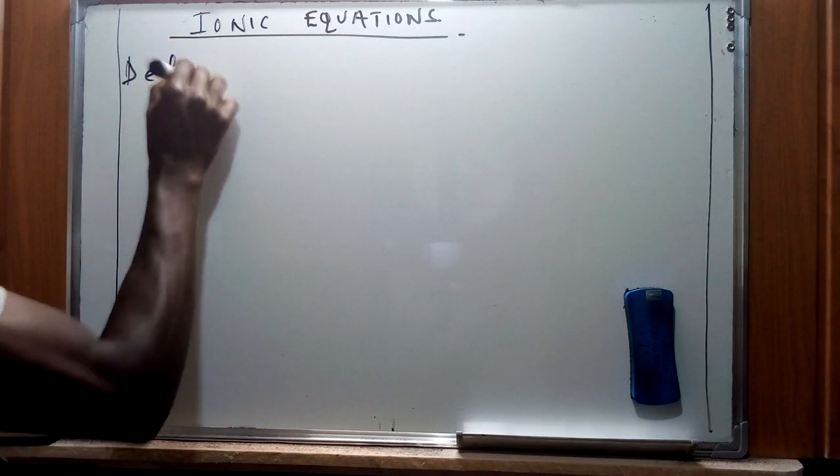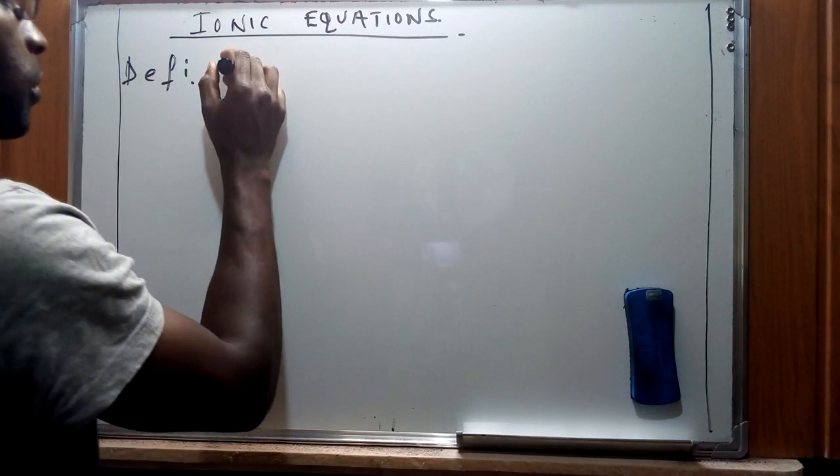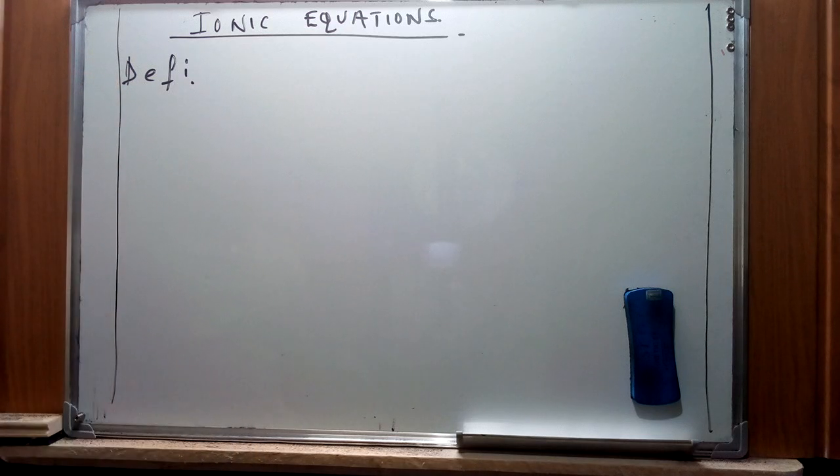By definition, an ionic equation is an equation that represents a chemical change by means of ions, instead of using the reacting species and the product chemical symbols that we used in the stoichiometric equations.